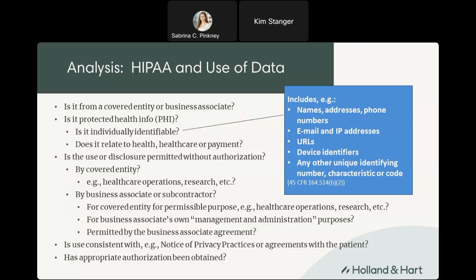Next, even if they satisfy that, you should check to see whether or not that use is consistent with your notice of privacy practices or any specific agreements that you may have with the patient. Unless you can satisfy all of those, you're generally going to need the patient's authorization to use or disclose that protected health information. So then the final question is, do we have the patient's authorization to use or disclose that information?